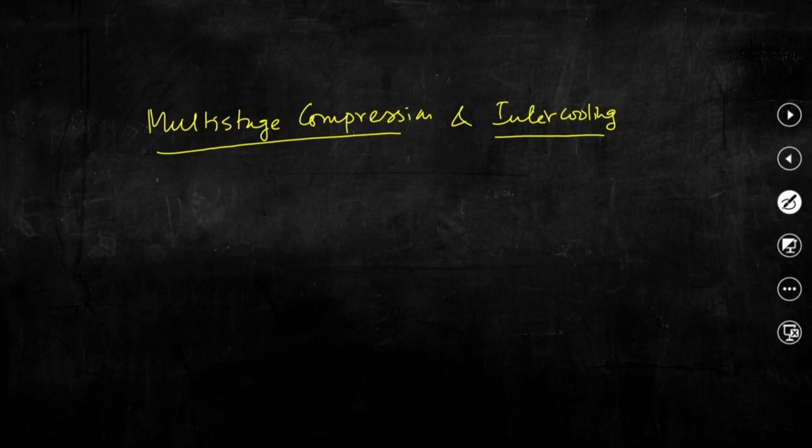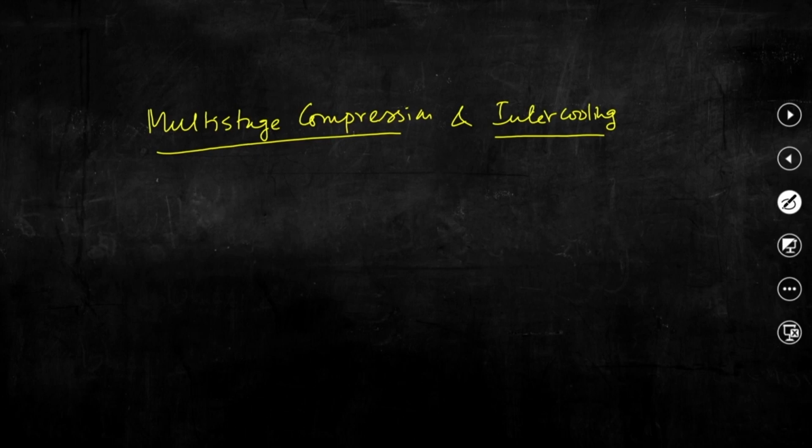I shall be discussing today why we need to go for multistaging, and if we need to go for multistaging, intercooling is very much essential. These two coupled keywords, multistage compression and intercooling, are basically directly related. If we need to go for multistage compression, we need to go for intercooling.